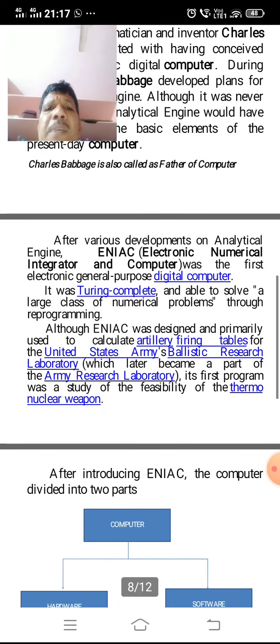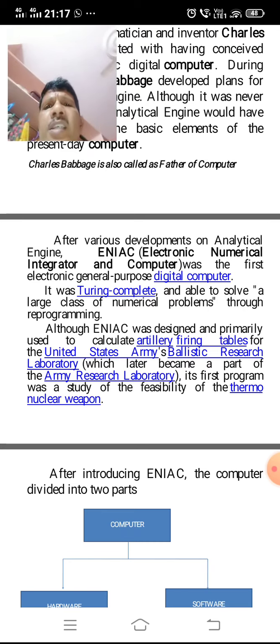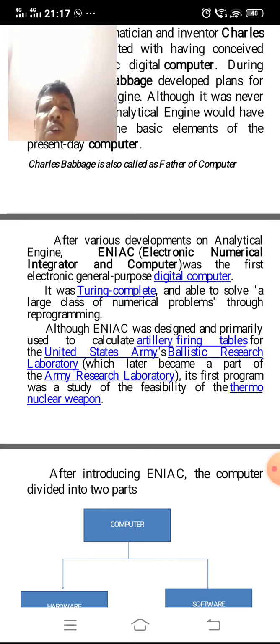Then after developments on the analytical engine, ENIAC, the Electronic Numerical Integrator and Calculator, was developed as the first general purpose digital computer. It was Turing complete and able to solve a large class of numerical problems through reprogramming.